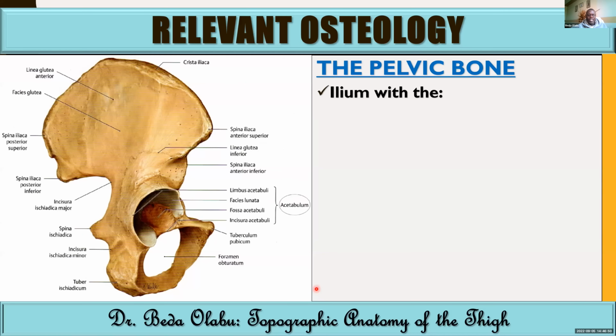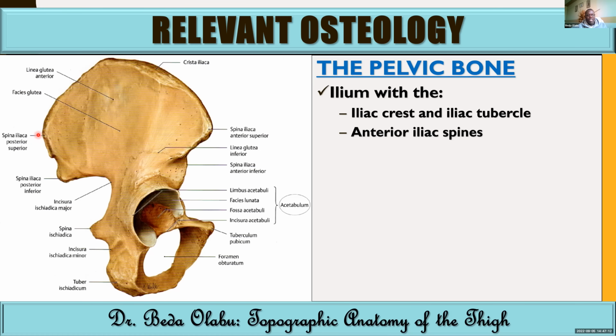So remember that the pelvic bone consists of three bones which articulate at the acetabulum. The ilium itself has the crest and the tubercle, and it has iliac spines. The anterior superior iliac spine is this one. The anterior inferior spine is that one. These two are going to be important in this particular lecture.